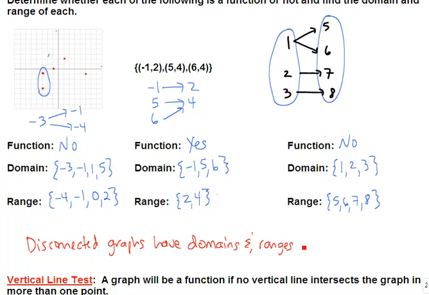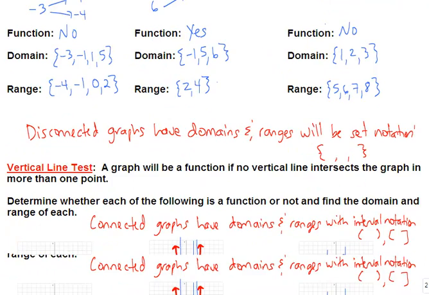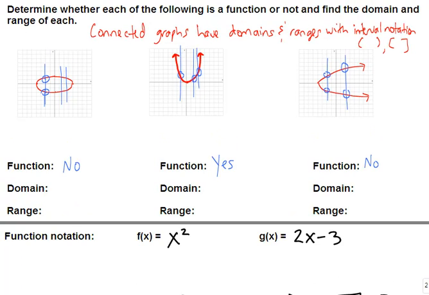And you're going to want to use set notation, so that's with the curly braces, and you just make a list of points. Okay? So we already did that up here using set notation. Let's go down here and try our interval notation.